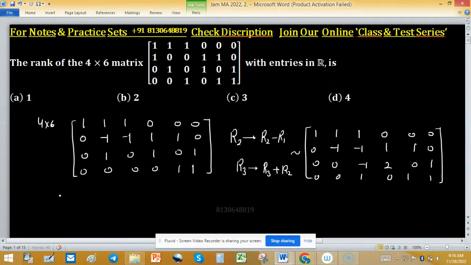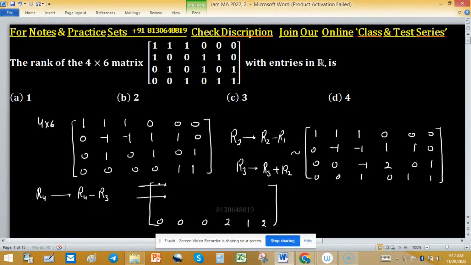Now we apply another elementary row operation, R4 plus R3. So the first row is the same, the second row is the same, the third row is also the same, and the fourth row is 0 0 0 2 1 2.